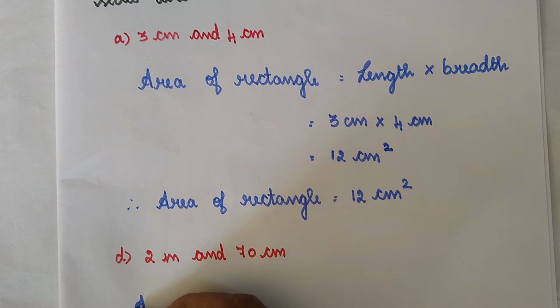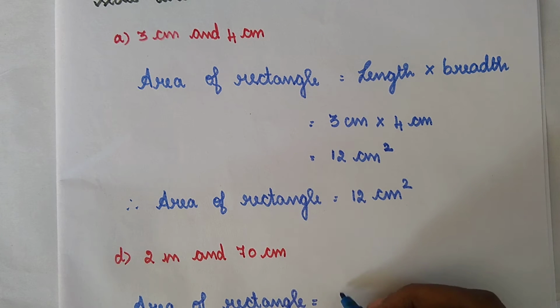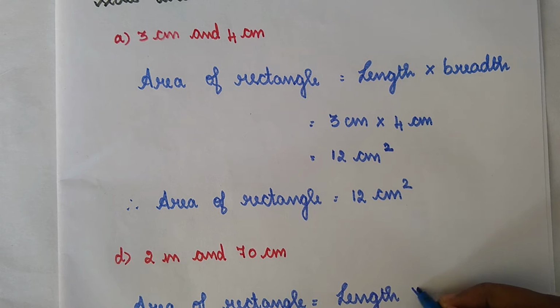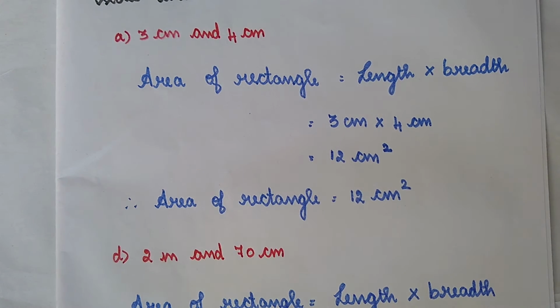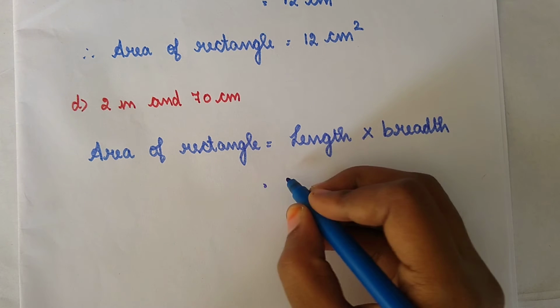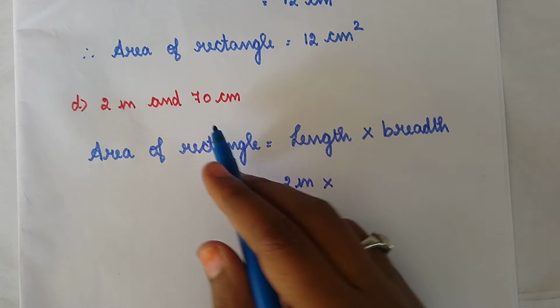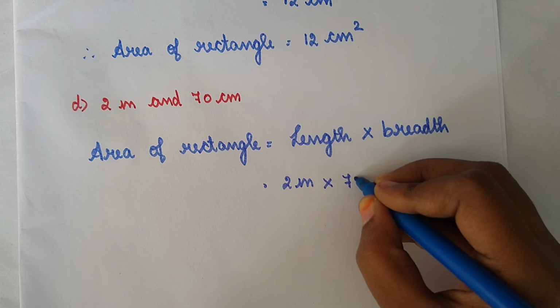First we write the area of rectangle formula. Area of rectangle equals length into breadth. Here length is 2 meter. Breadth is 70 centimeter.